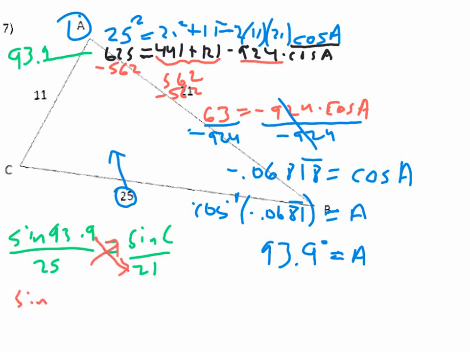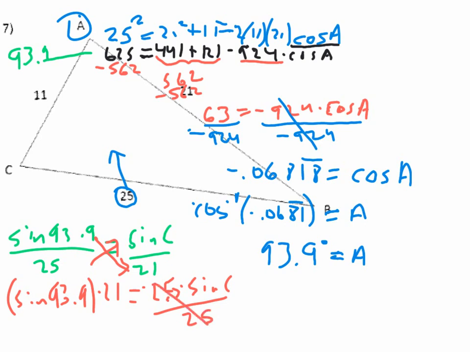You'll get sine of 93.9 times 21 equals 25 times sine of C. Divide 25 to each side. And then you'll need to inverse sine both sides to get C by itself.